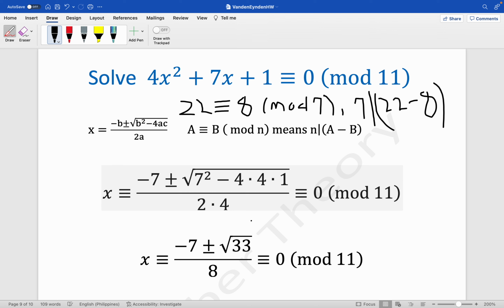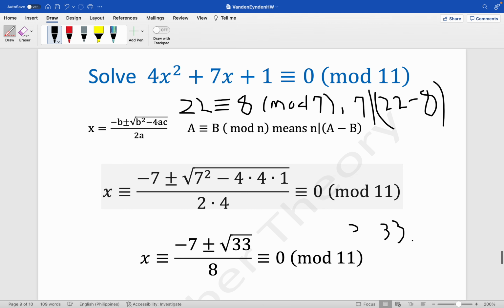Now, notice that 33, and let me write it over here, 33 is congruent to 0.